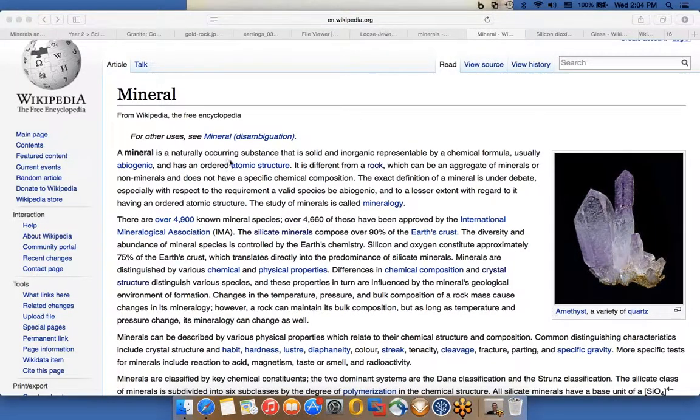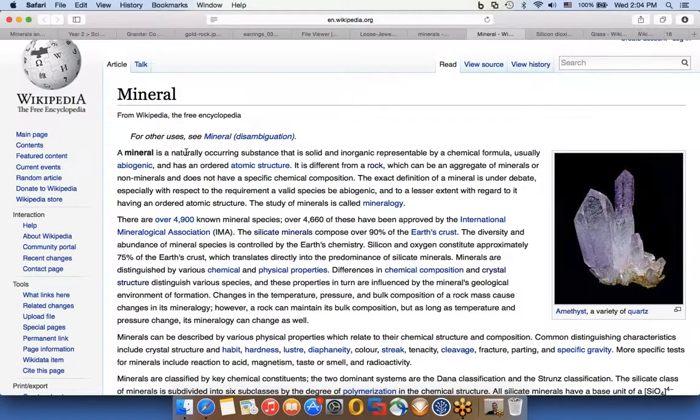It says that it's a naturally occurring substance that is solid and inorganic, representable by a chemical formula. Usually it says it's abiogenic. That means that it's not made by an organic, biological genetic process.